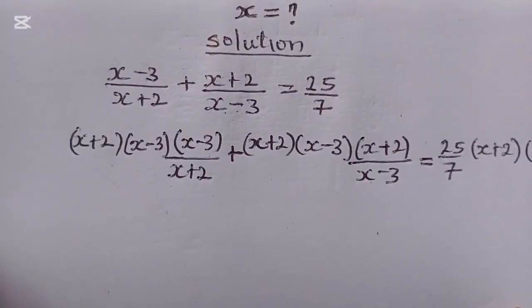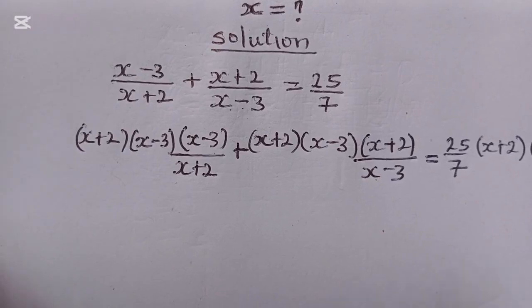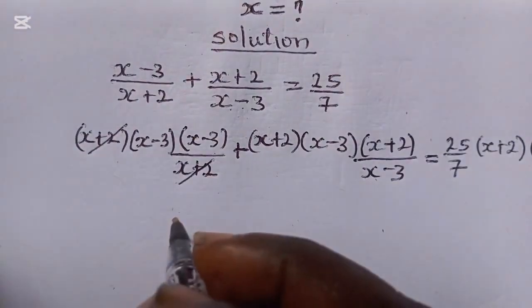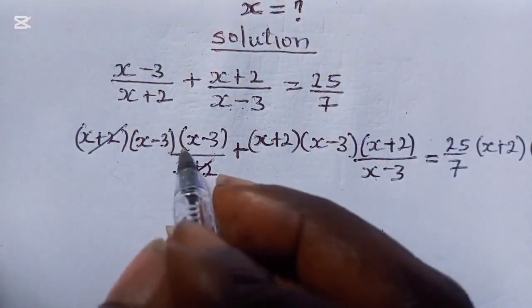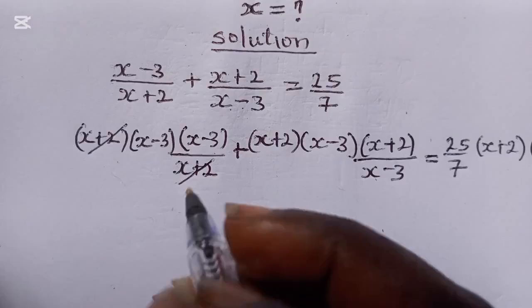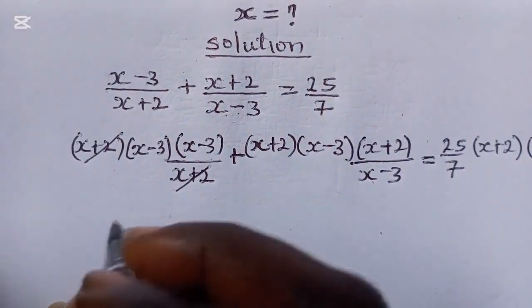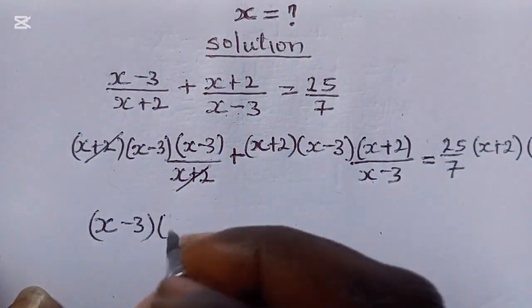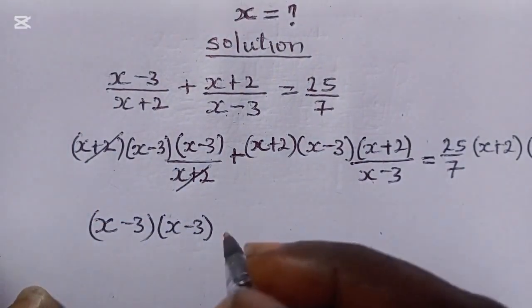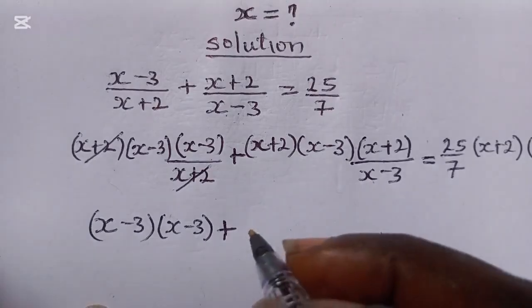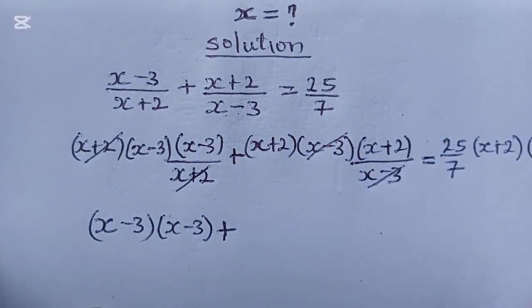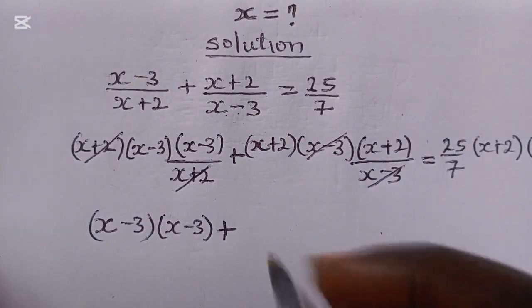Okay, so the next step here is, x plus 2, we cancel x plus 2. So we have (x minus 3) multiplying (x minus 3). So we are going to have (x minus 3)(x minus 3) plus, okay, x minus 3, we cancel x minus 3 here.